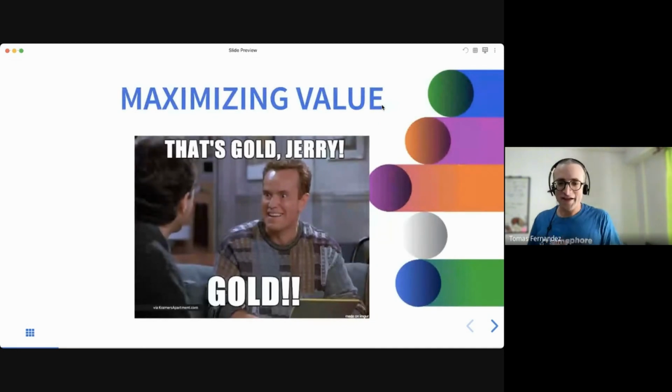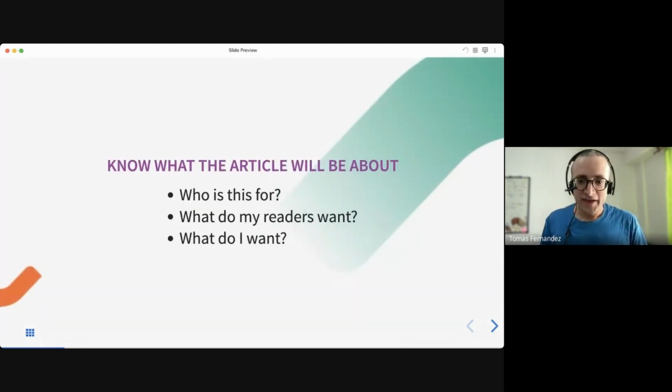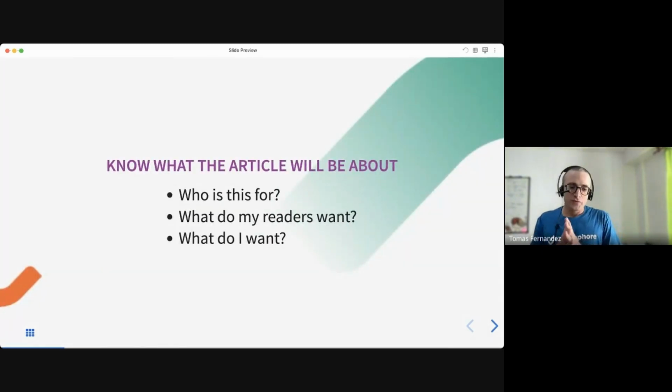The idea is to give something that will help, solve a problem, or answer a question. The first thing we need to realize when starting some research, building an outline or planning the article is to answer three questions.